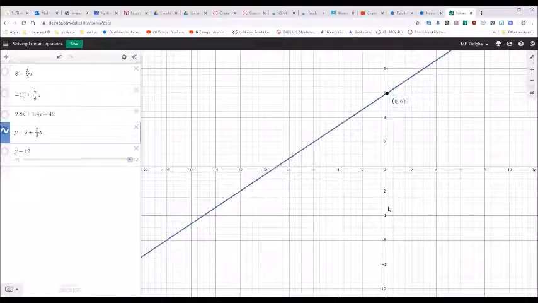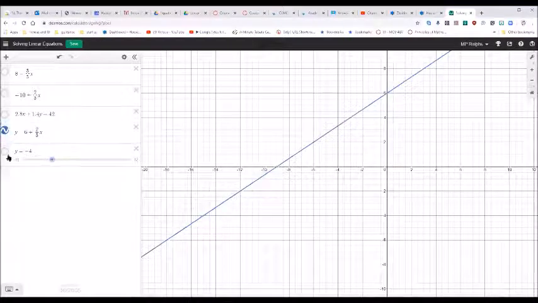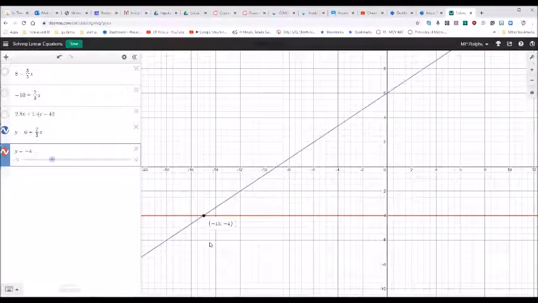And we want to see what the intercept is when y equals 12, or sorry, y equals -4. So if I go to -4 here and plot this line, we see that the point of intersection is -15, -4.